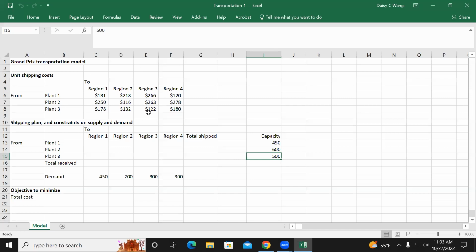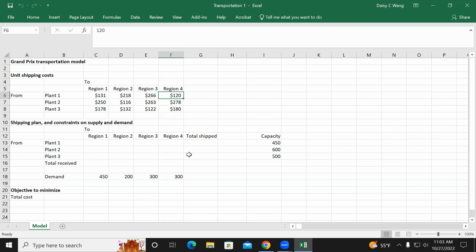And then we have 4 regions. Each region has its demand. Region 1 demand is 450, region 2, 200, region 3, 300, region 4, 300. And from each plane to different regions, we have different transportation costs.